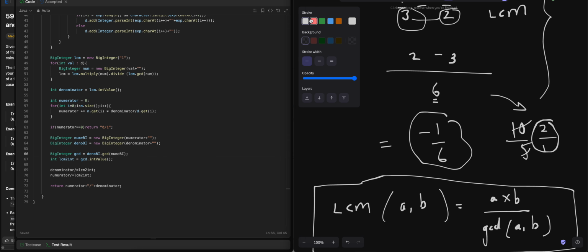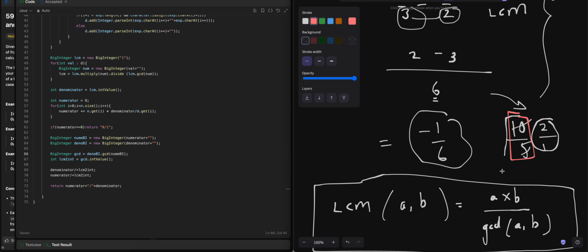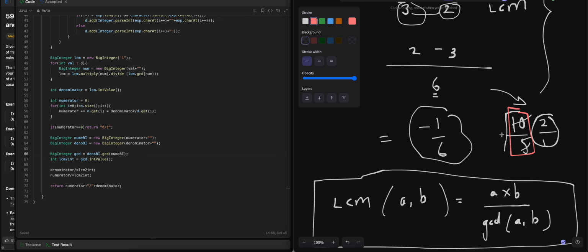So if this was our value, in our case 10 and 5, and we know it is not in irreducible form, what to do?